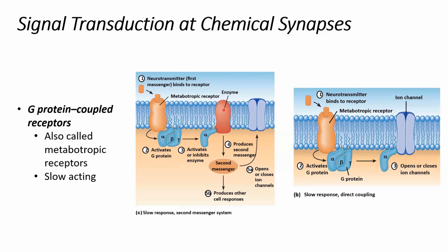And the enzyme is going to make a second messenger, and the second messengers are going to be responsible for turning on or opening up the channel. So now we will have the movement of ions, and then we will have a graded potential. So in this case, the channel is different from the receptor. So there are steps in the way, which is what makes this a much slower type of response, right?